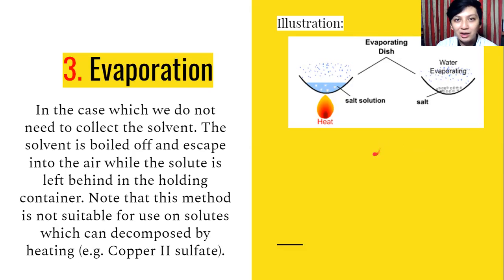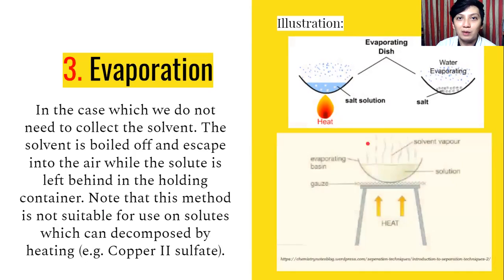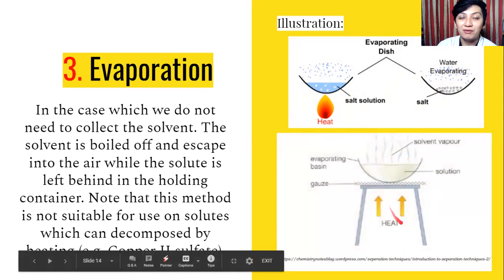So basically, we need to apply heat and evaporate the liquid for us to separate the liquid part from the solid part of the solution. So we have here salt solution, and then when we apply heat, the water will evaporate, and then the salt will remain in our container. So that is very important in the process of evaporation.